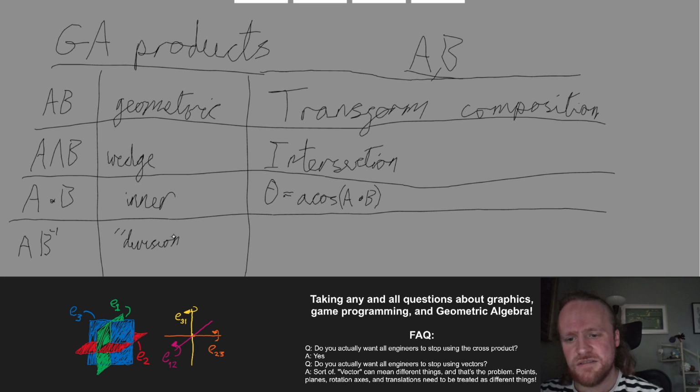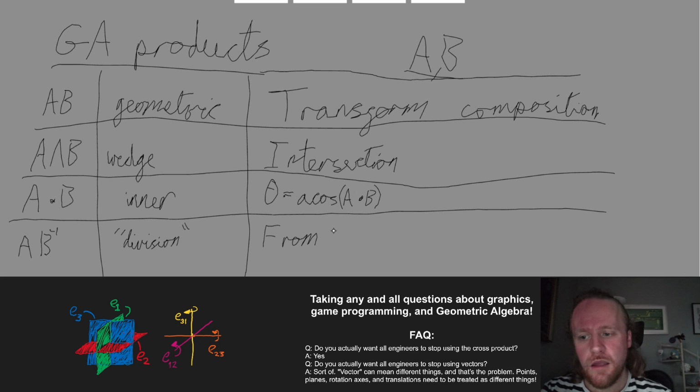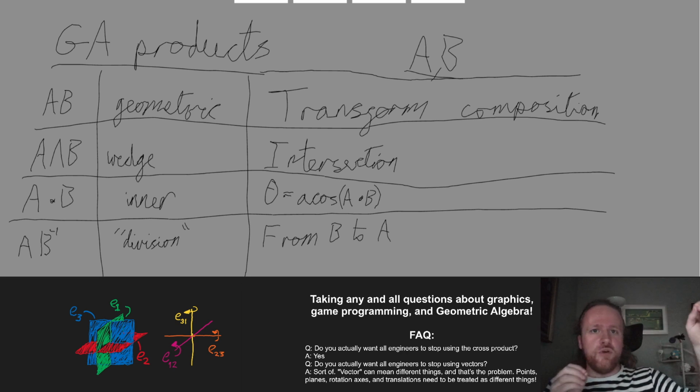You might say it's geometric division, which sounds weird, but the point is, it's more or less from B to A. Or rather, it's from where B takes you to where A takes you, which is useful if you're thinking about a quaternion and another quaternion. And how is it useful? It's quite useful. If you want to get from a point to another point, you more or less use this.